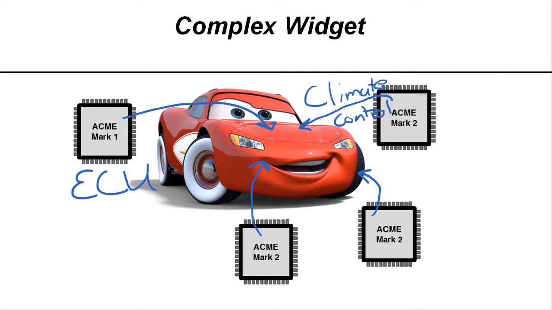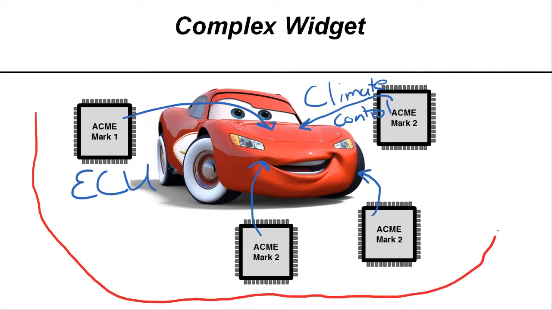And the big difference now in a product like this is that all of these microcontrollers, and I'm just going to draw a line like this. Let me draw some arrows.